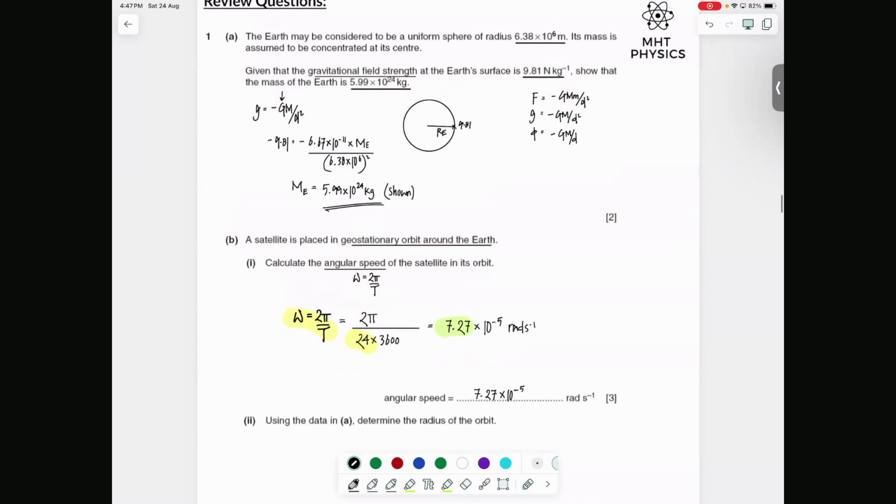Radius of Earth, 6.38 times 10 to the power 6.